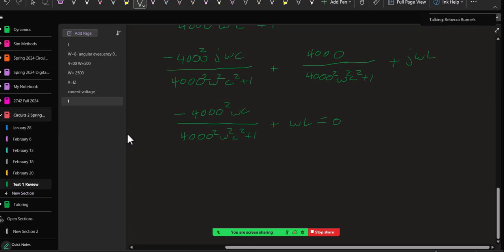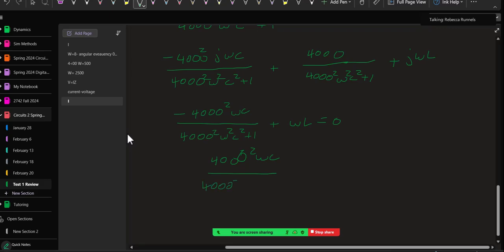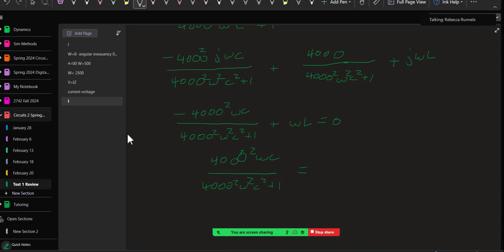I think you forgot the j and the omega L. No, you removed it, in my mind. Yep, they both had a j, and so this is the imaginary part without the j. So then I get 4,000 squared omega C over 4,000 squared omega squared C squared plus 1 equals omega L.